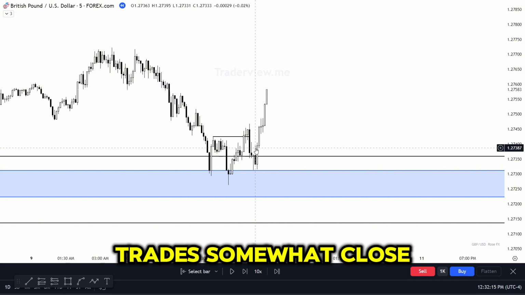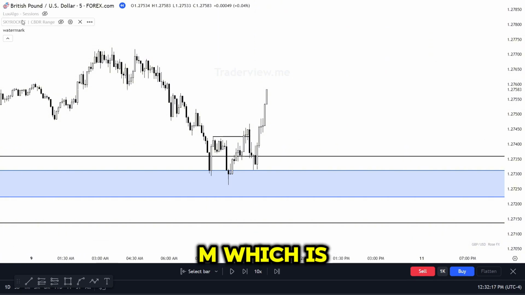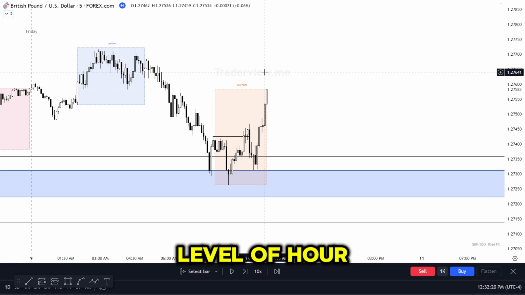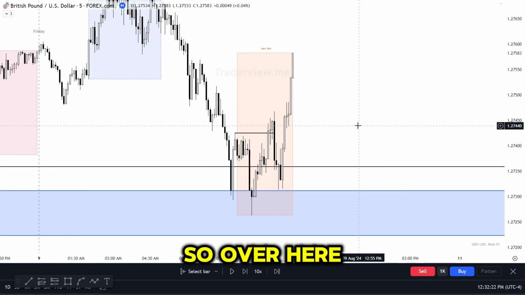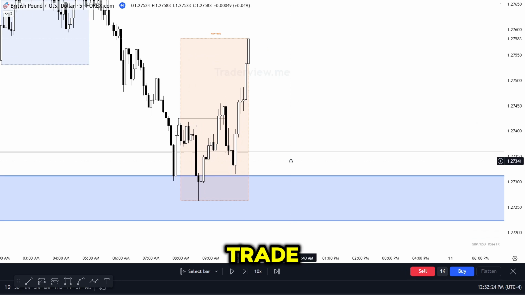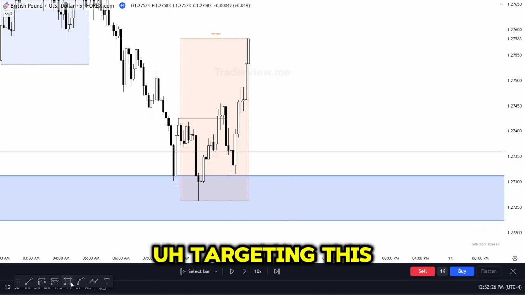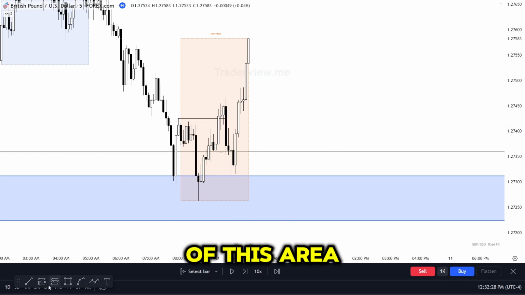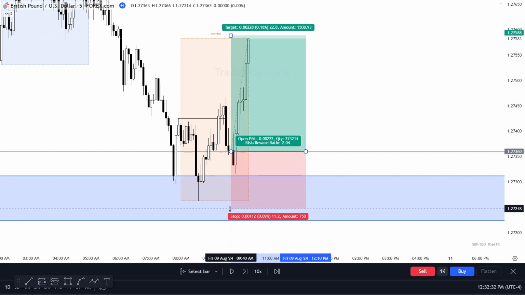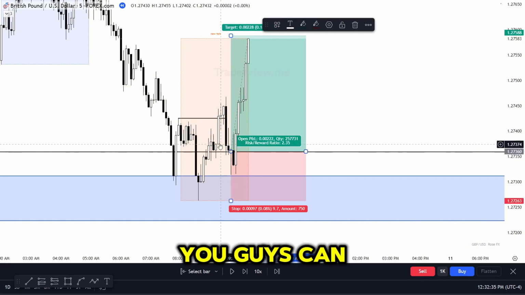Usually I take trades somewhat close to 10 a.m., which is the silver bullet hour in the New York session. Over here I can easily take a trade targeting this area. Somewhat like here, you can take trades like this.